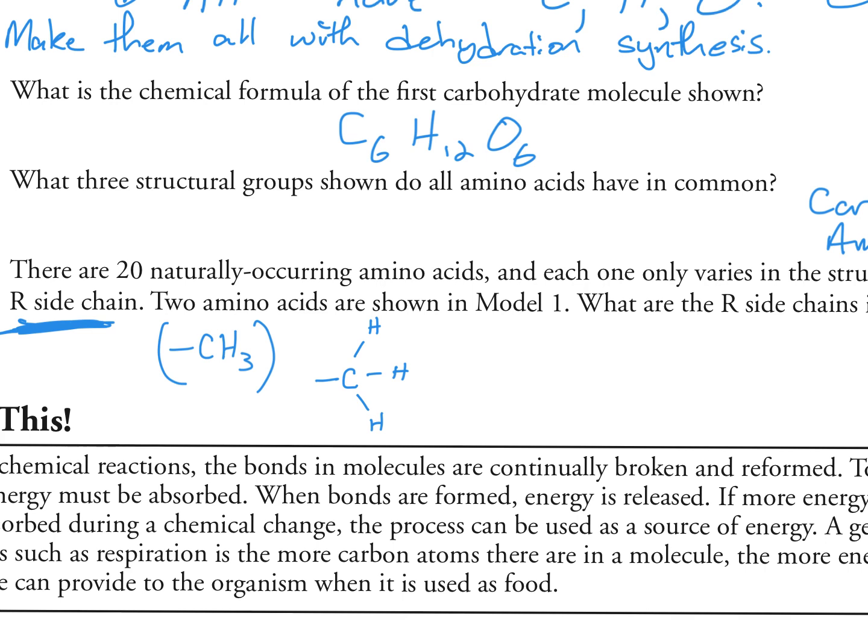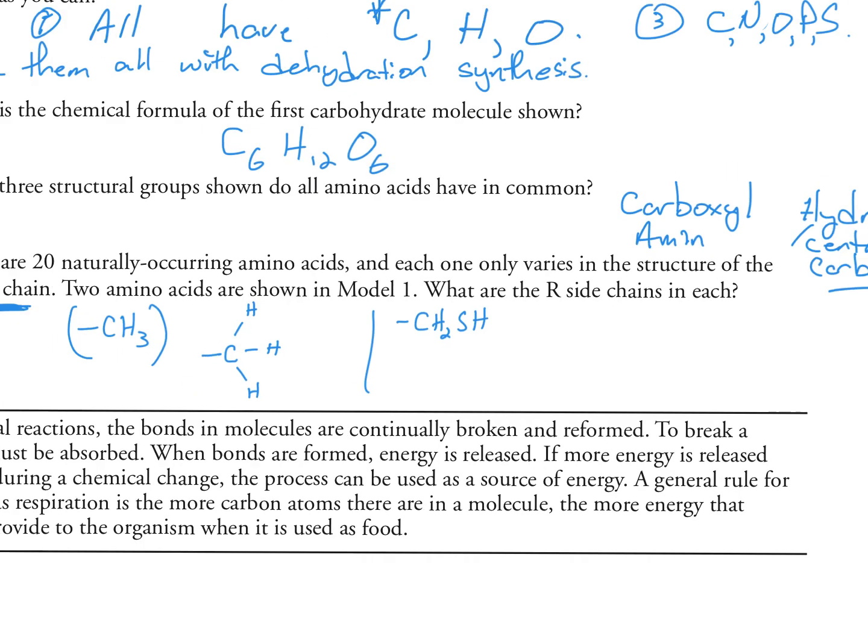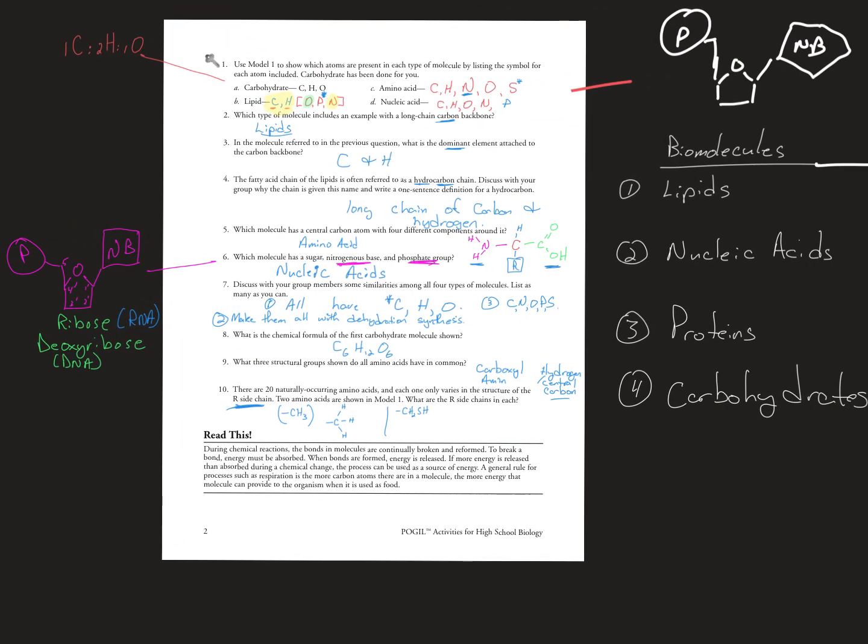The other one is CH2SH. So that's one carbon. Now remember, these are R groups. To be clear, when you look at an R group, you're looking at this group sticking off. So CH3 would be sticking off here. So you have amine, center carbon, hydrogen, carboxyl group, and then you have CH3 sticking out here.